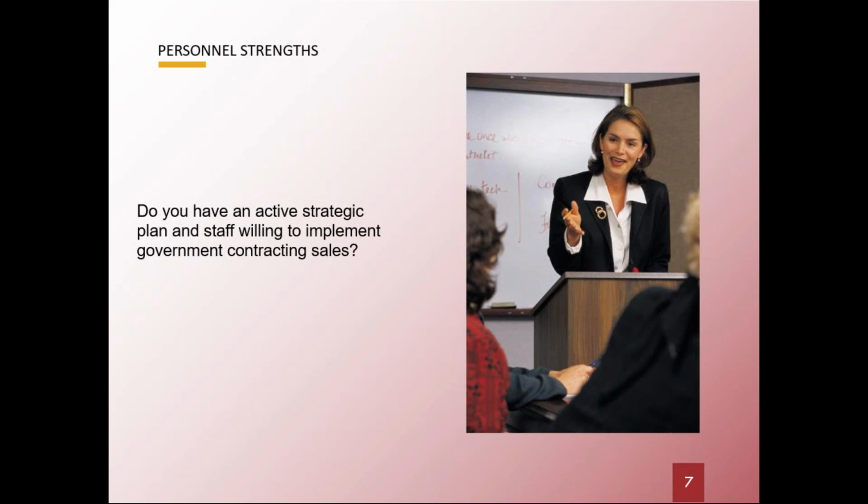And number 4, SWOT analysis. So this is a complete buy-in by all of the employees into having a strategic plan. If your strategic plan involves government sales, then you most definitely must have a vision, a mission, goals, and objectives, without a doubt.